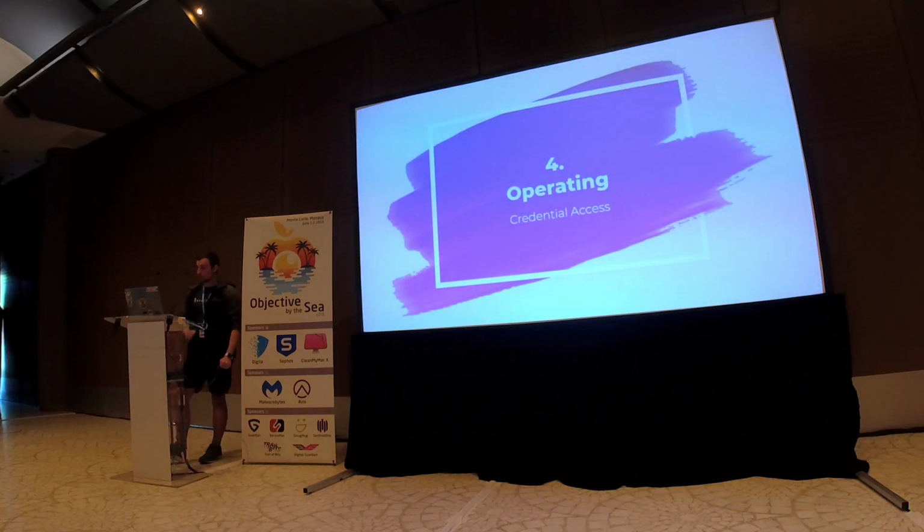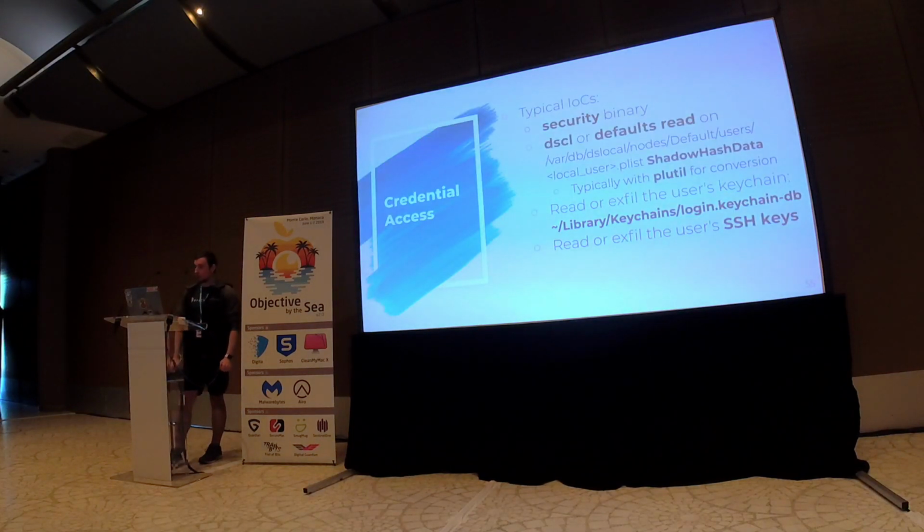So the next thing I'll talk about is getting credential access. Now this is kind of a big one as we go through and we do operations. Typically, people will go through and use the security binary to try and dump keychain. They'll use dscl or defaults read to try and read the shadow hash data. If you guys aren't familiar with this, on macOS, instead of having the SAM and security files and stuff like they have on Windows, in the user's plist file they'll have this shadow hash data, which is a couple of different versions of the user's password hash.